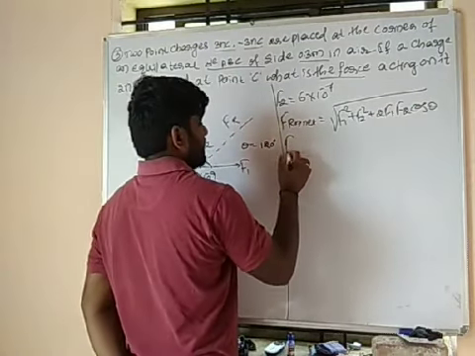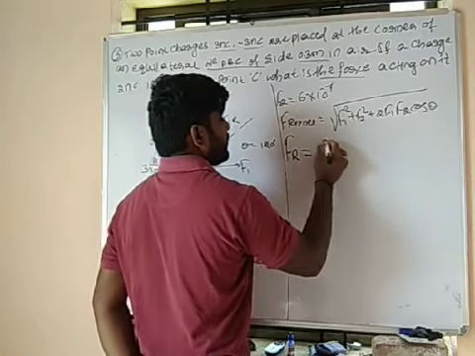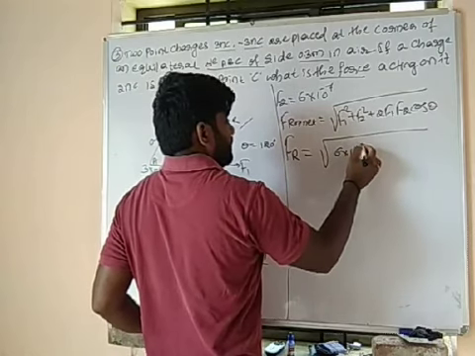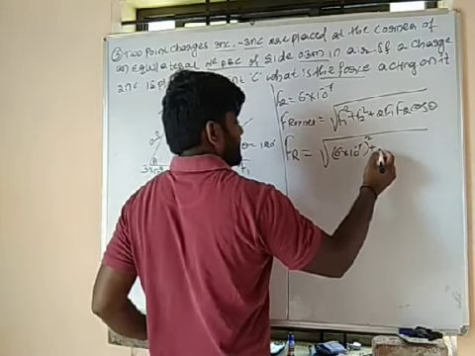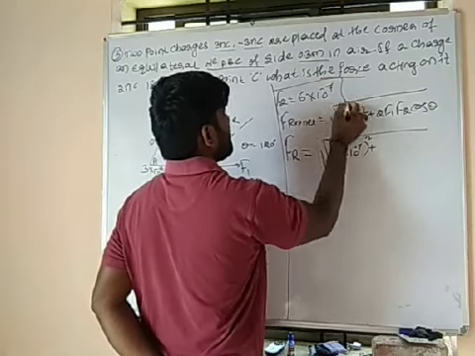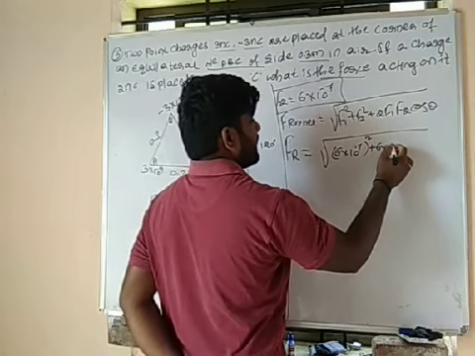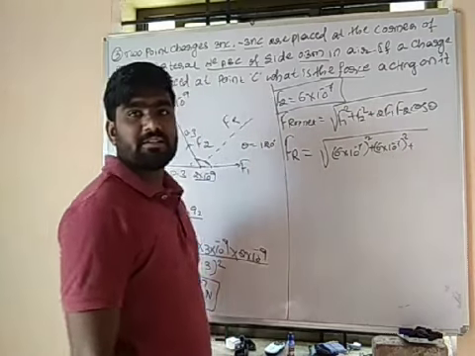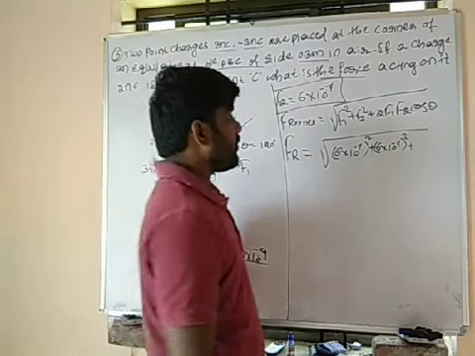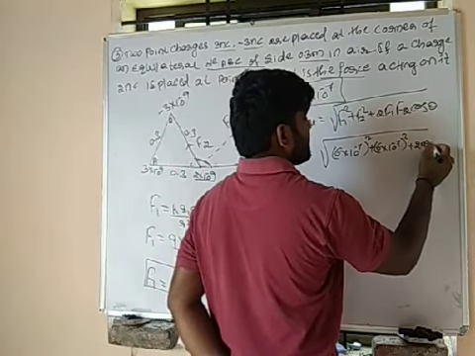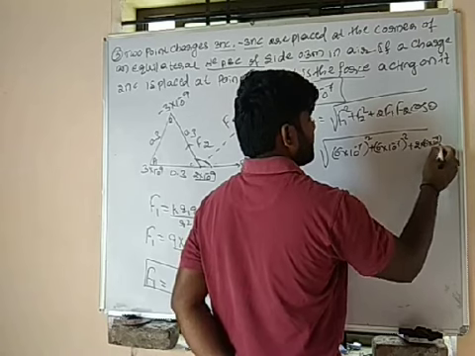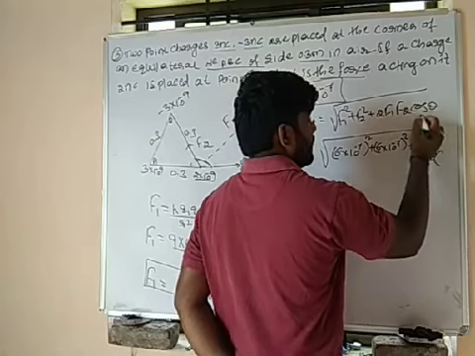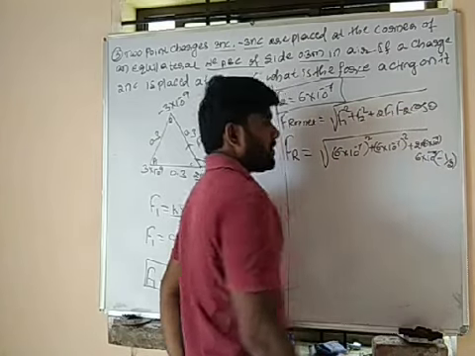Okay, then this F resultant is equal to root of F1 square, 6 into 10 to the power minus 7 its square, plus again F2, here is your F2, 6 into 10 to the power minus 7 its square, plus 2 F1 F2, 2 into 6 into 10 to the power minus 7, again 6 into 10 to the power minus 7 cos 120, which is minus 1 by 2.